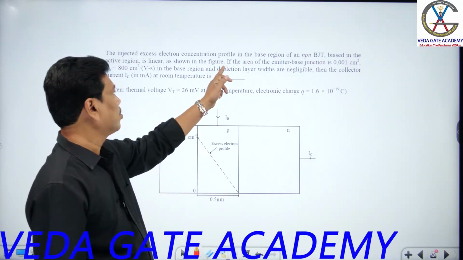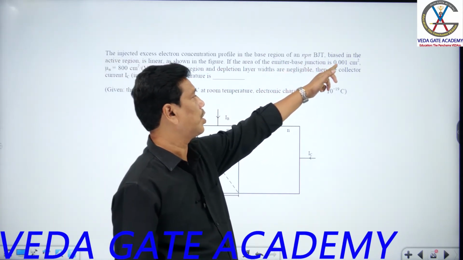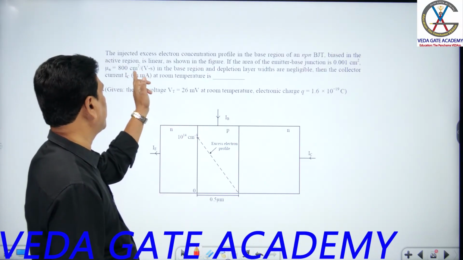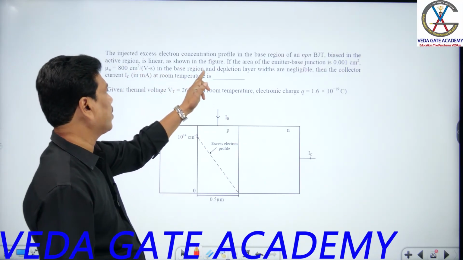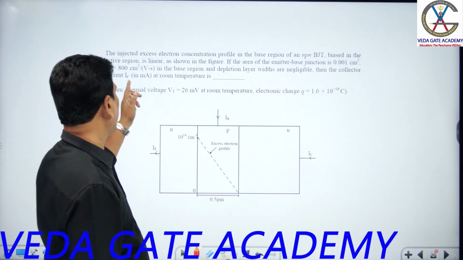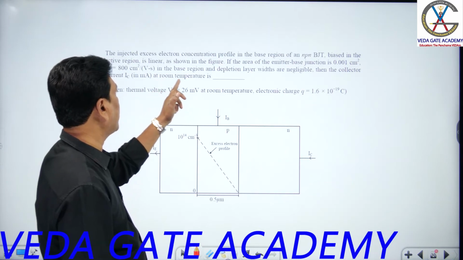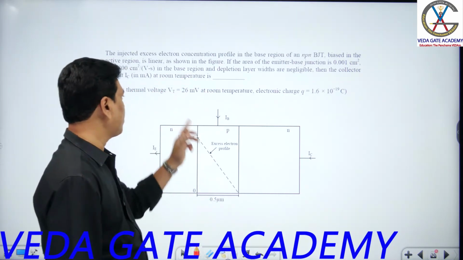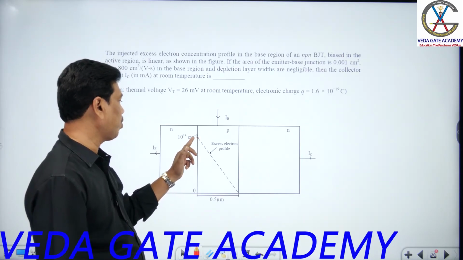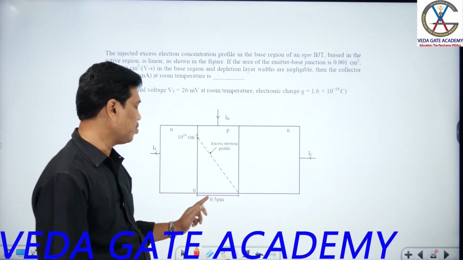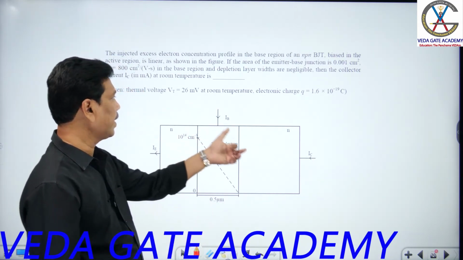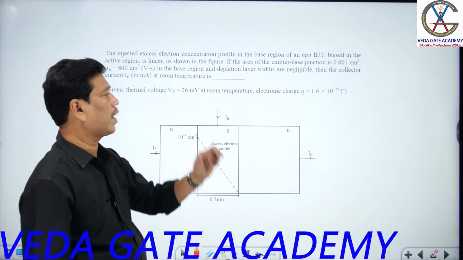If the area of the emitter base junction is 0.001 centimeter square, the mobility of electron is 800 centimeter square per volt second in the base region, and depletion region widths are negligible, then the collector current IC in milliampere at room temperature is.